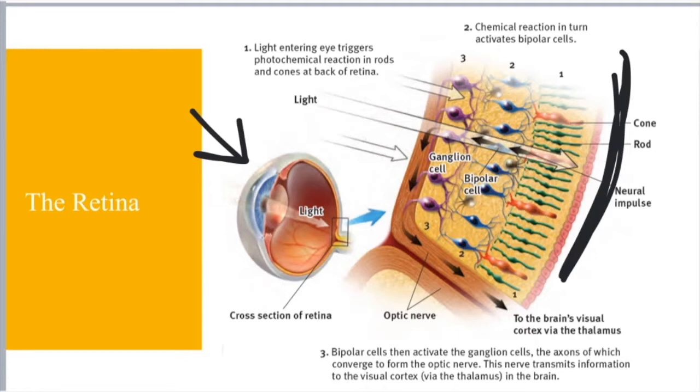So we see the rods and cones inputting stimulus, sending information to the bipolar cells and into the ganglion cells, which then form our optic nerve, which gets that information directly into our visual cortex in the brain, okay? That's a very basic overview. After we go through all of this, we are going to watch a short video that's going to summarize all of this in a more visually appealing, animated way, so bear with me for right now.